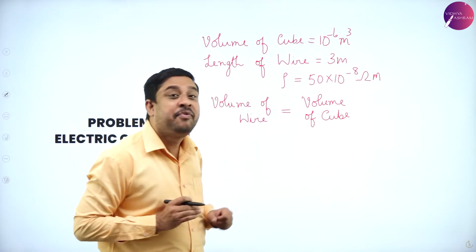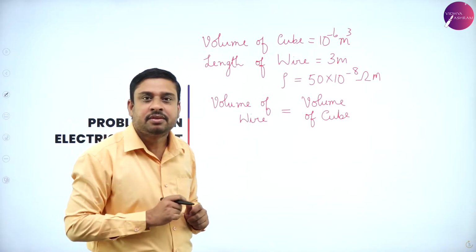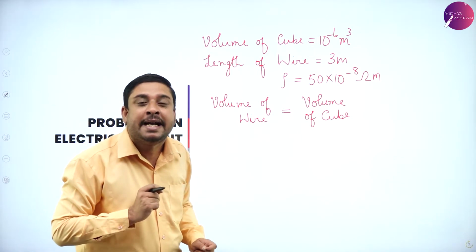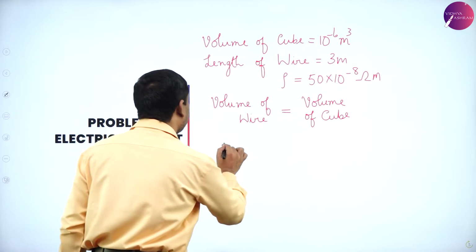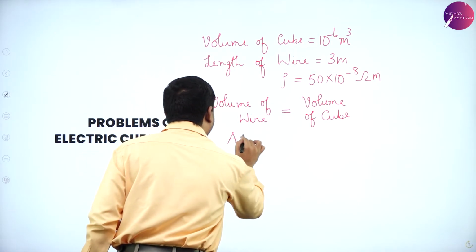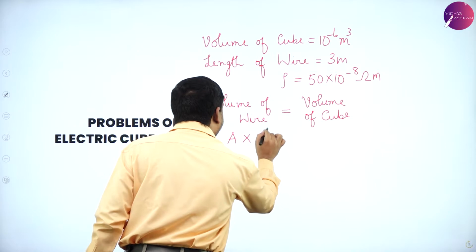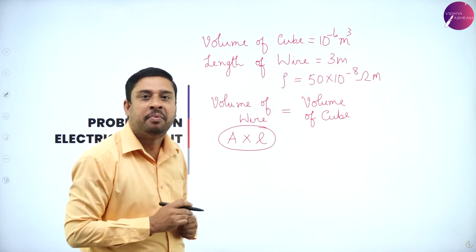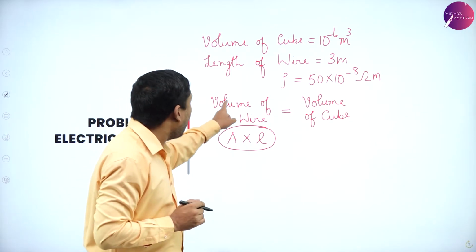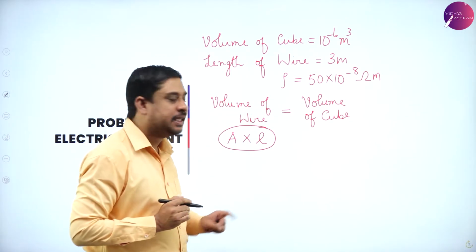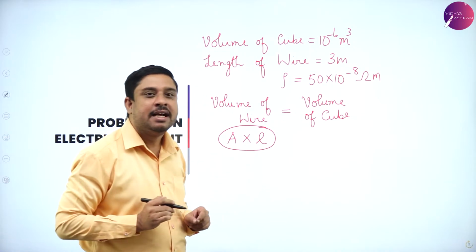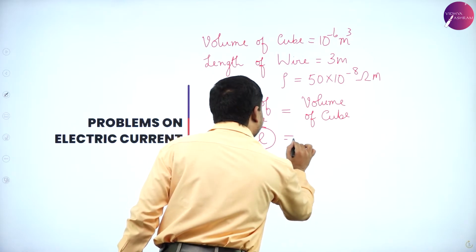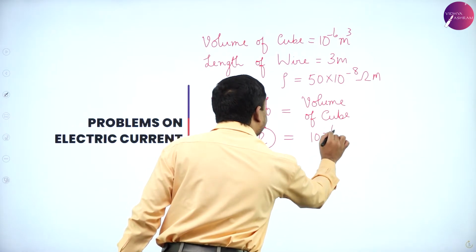I know the length of the wire. So, how do I express its volume in terms of length? Always remember, area into length will give you volume. So, volume of the wire, A into L, since length of the wire is known, is 10 power minus 6.